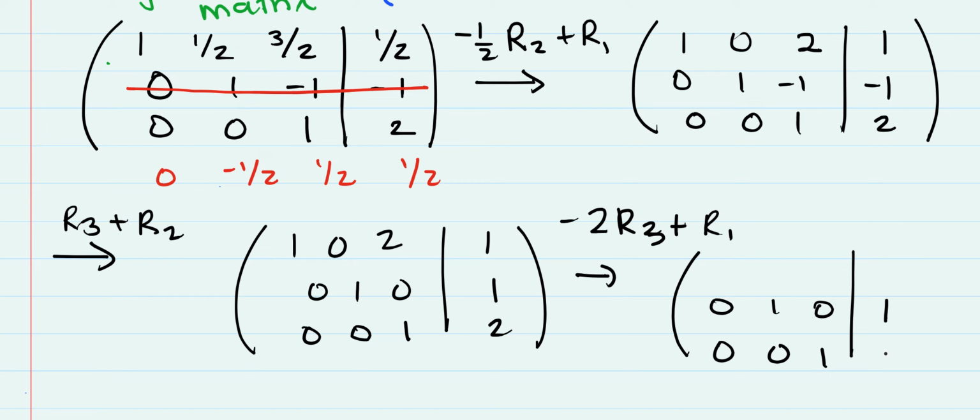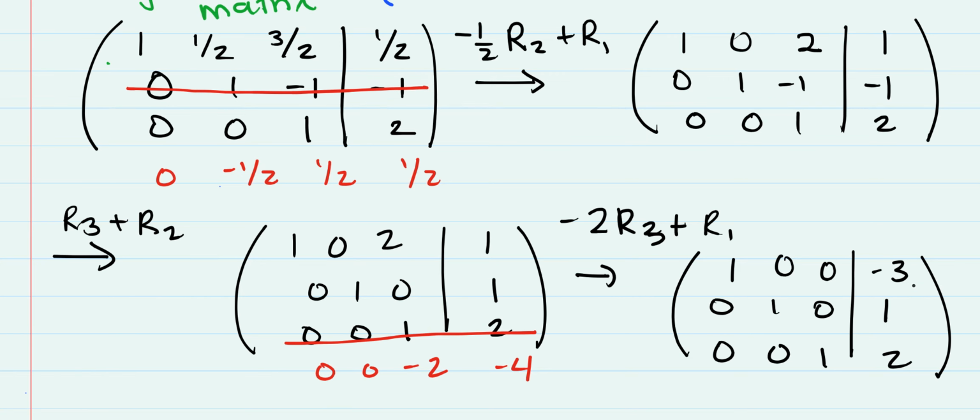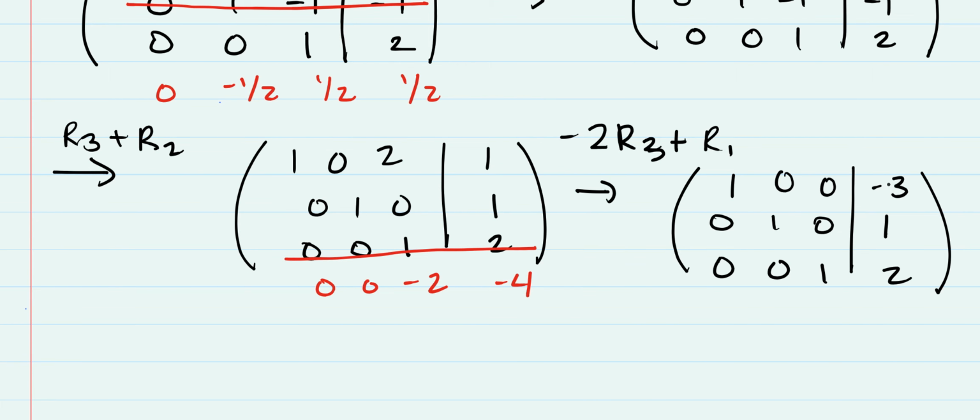And row 3 alone, but if I multiply this row by a -2, I get 0, 0, -2, -4, and this top row will be 1, 0, 0, -3. -3, 1, 2. So what does this simplify to?